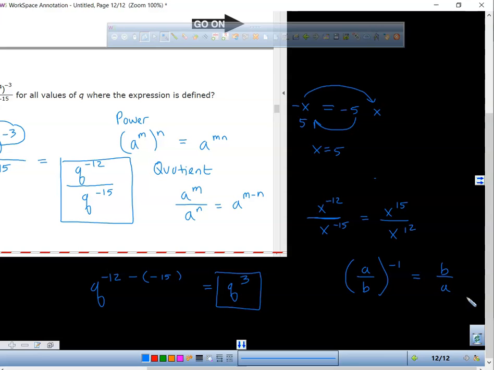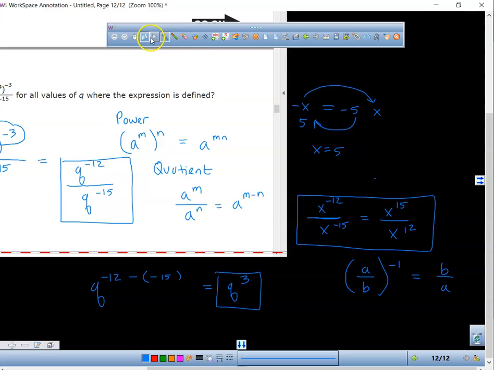So if you want to move these up or down, it's super easy. Here's a great example to have on your paper to remind yourself: if you want to make a negative exponent positive, move it up or down over the division bar, just like we move stuff across equal signs when we're solving for x.